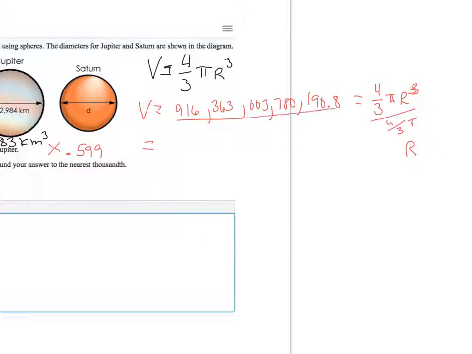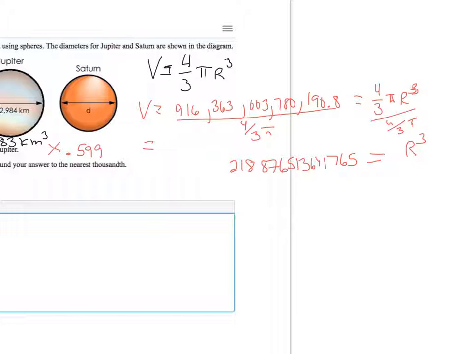I mean, you have calculators, so use them. And that will give me r cubed equal to this number, which I get to be 218,876,513,641,765.